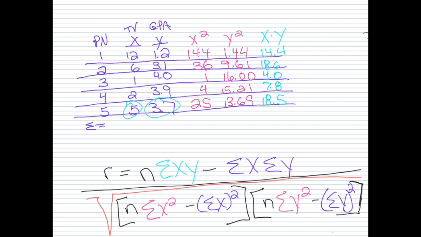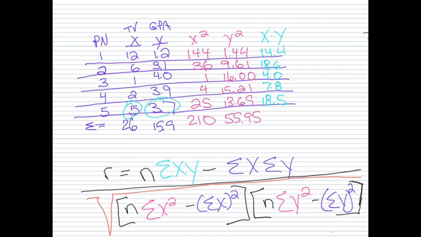And so 12 plus 6 plus 1 plus 2 plus 5 is 26. 1.2 plus 3.1 plus 4.0 plus 3.9 plus 3.7 is 15.9. 144 plus 36 plus 1 plus 4 plus 25 is 210. 1.44 plus 9.61 plus 16 plus 15.21 plus 13.69 is 55.95.